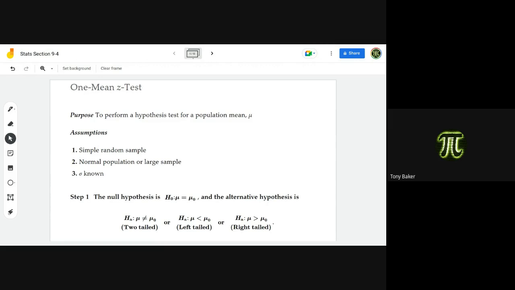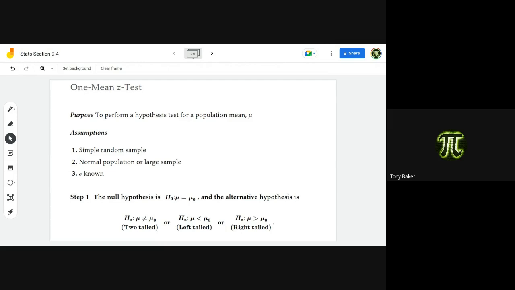All right. So step one, we need to look at the null hypothesis and the alternate hypothesis. The null hypothesis is what is known, and the alternate hypothesis is what we think is going on. Your alternate hypothesis can be one of three situations. It is not equal to the mean that's given.